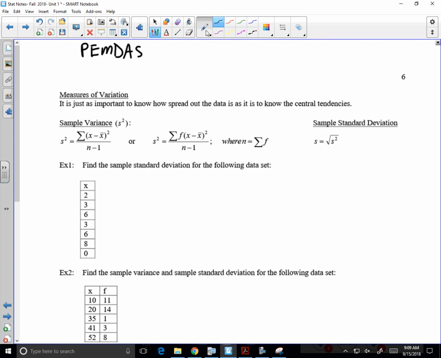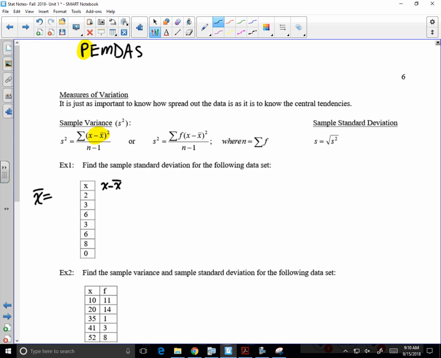So we are dealing with parentheses first. So let's take care of x minus x bar. I'm going to create a column of x minus x bar, which would require me to know what x bar is.